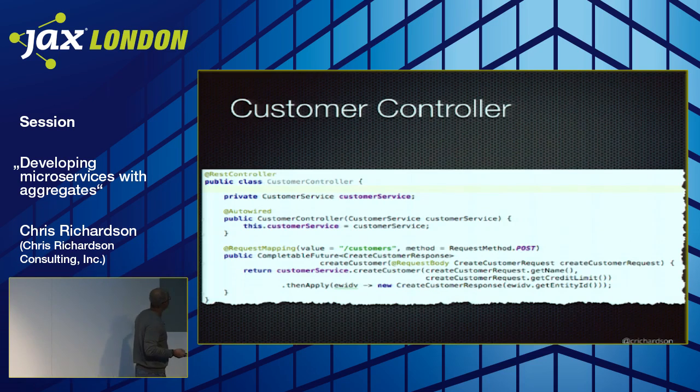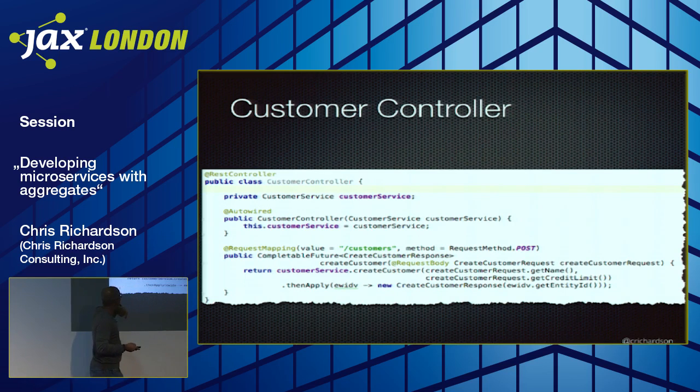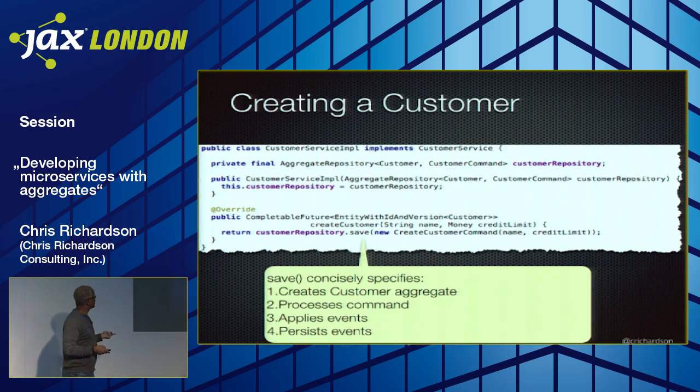So that's that. Here's the controller. It's just invoking the create customer service. That's no surprise. It's written in a slightly different style because it's reactive, using Java 8 completable futures. But that's a detail. Here's the customer service method for creating a customer.